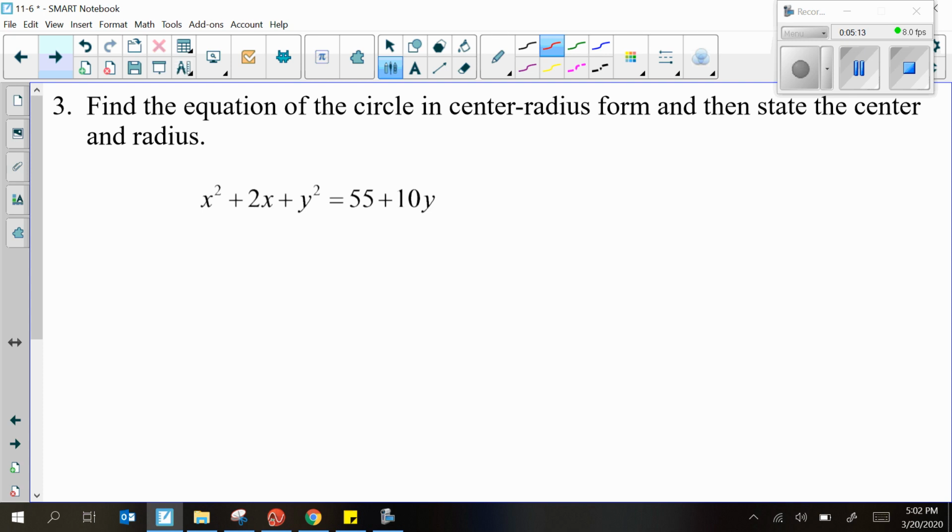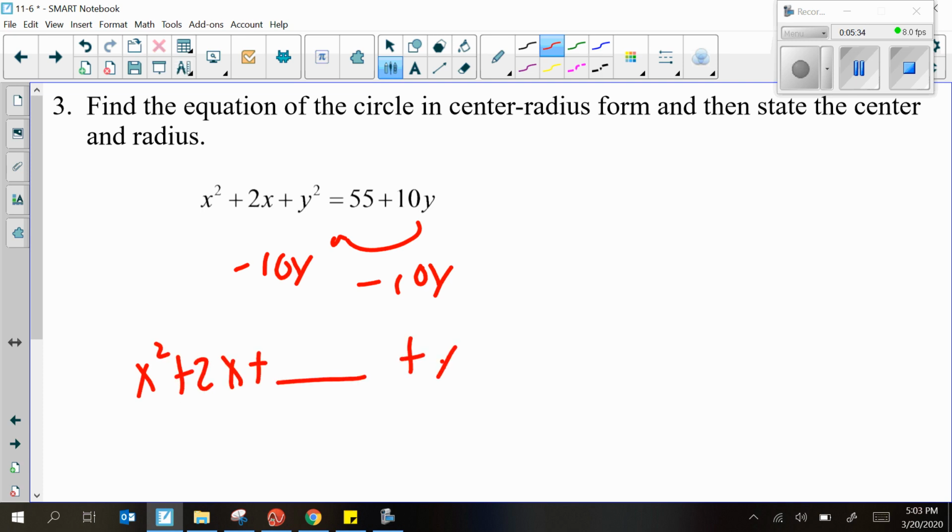All right, next, find the equation of the circle in center radius form, then state the center and the radius. All right, so I'm going to move over the 10y, so I'm going to subtract 10y from both sides. So I've got x squared plus 2x plus leave a space, plus y squared minus 10y plus leave a space equals the 55.